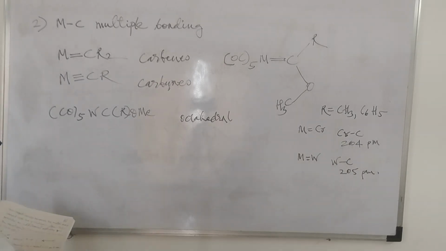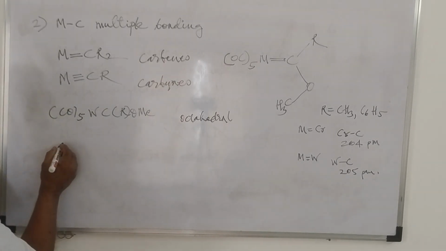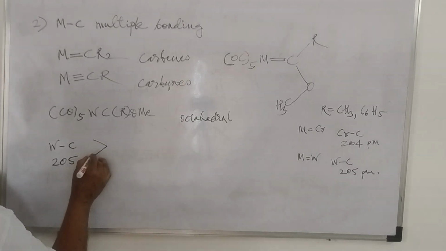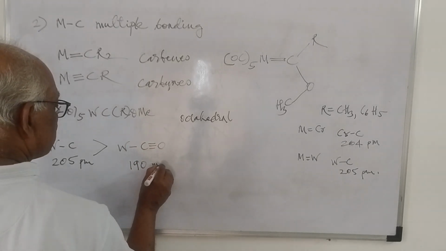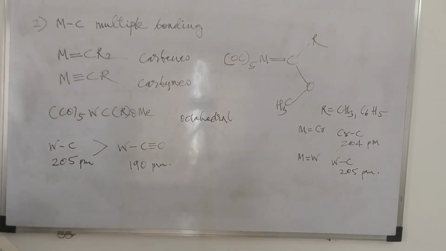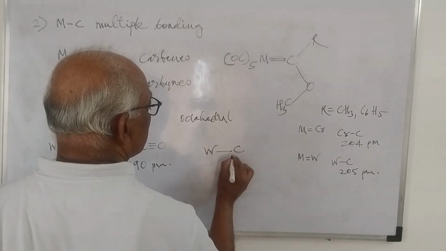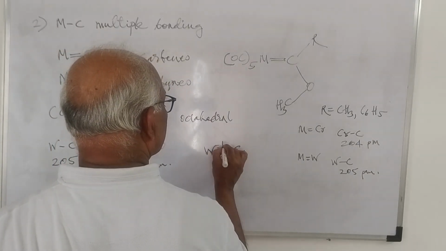If we see the bond distance in different species, when we consider the tungsten-carbon single bond, it is 205 picometer, which is greater than the tungsten-carbon monoxide bond, which is 190 picometer. So here you will find that the bonding is formulated like this. The tungsten-carbon bond is sigma, plus there is a double bond, that is a pi bond.